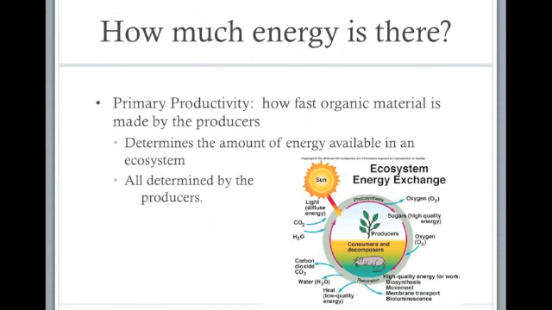The primary productivity is how fast organic material is made by the producers. So we eat organic material. That's how we get energy. But producers are able to take the sun and make our food. So it determines the amount of energy that's available for everything in that ecosystem. It's all determined by the producers.